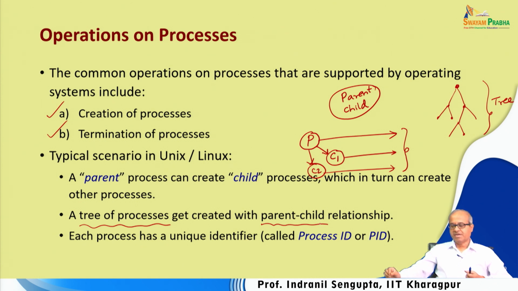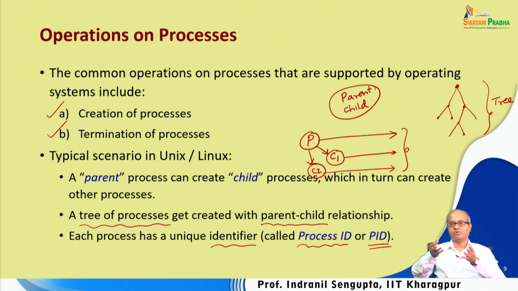Now, another point is that to uniquely maintain information about all the processes, each of the processes in the system is assigned a unique number or an identifier. This is called process ID, and in short we call it PID.